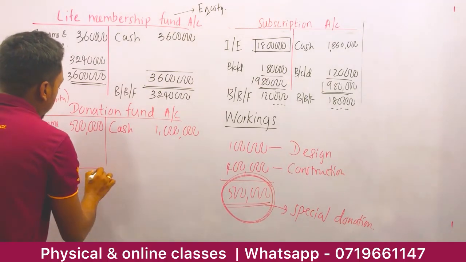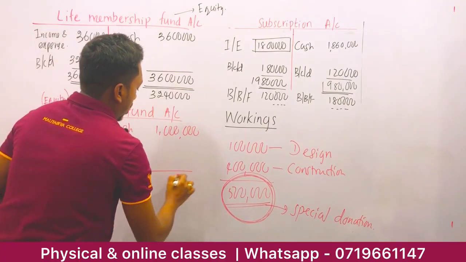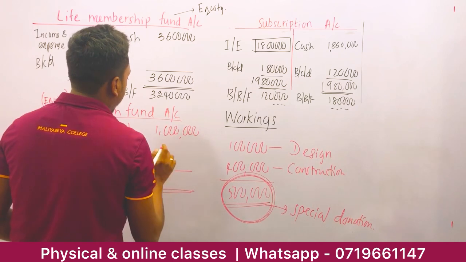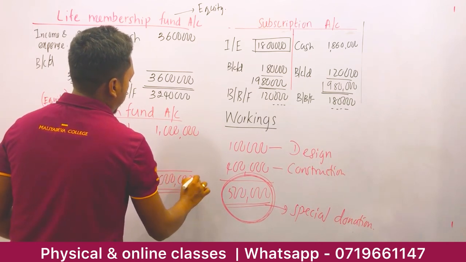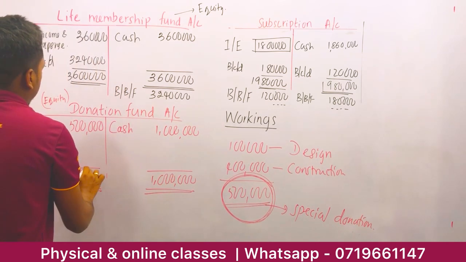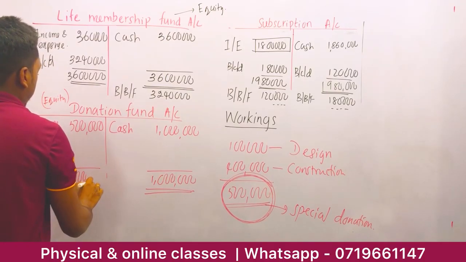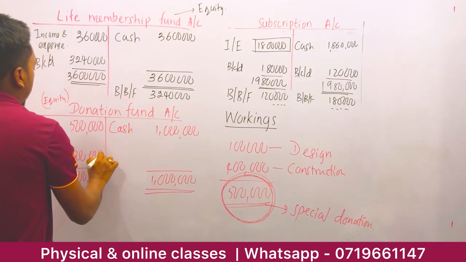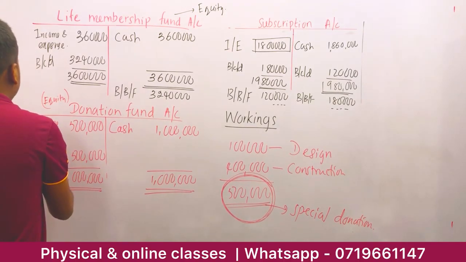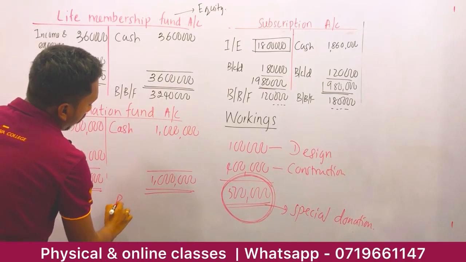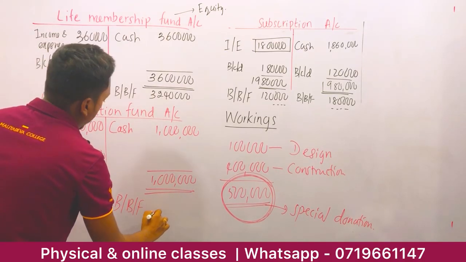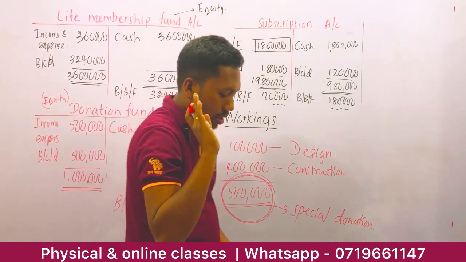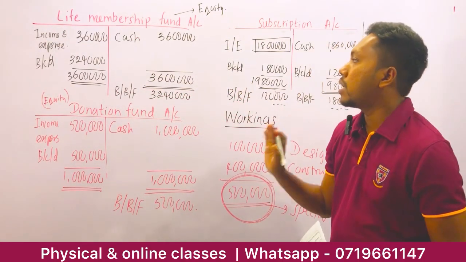So we have to balance this account as well. Credit side is the greater side. 1 million minus 500,000, you will get a balance of 500,000. Balance carried down, the balance brought forward, 500,000. Now we have made the calculations for the entire question.